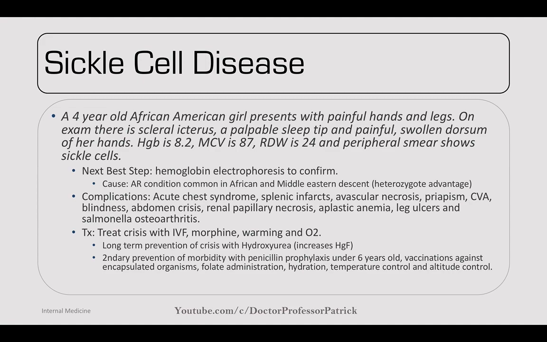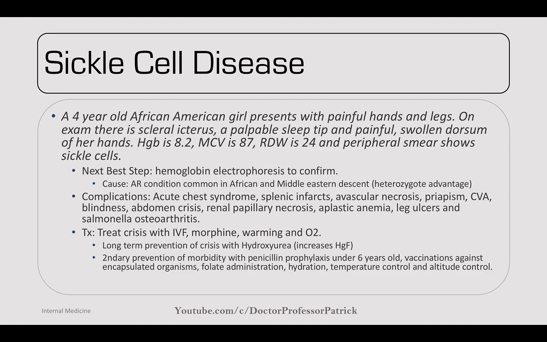The long-term prevention is proven to be effective with hydroxyurea. It will increase the fetal hemoglobin. This is even shown true in places where there's low nutrient density in the foods. Even in sub-Saharan Africa, where some of the children are malnourished, hydroxyurea still decreases the amount of crises that they face. Secondary prevention of morbidity is usually accomplished with penicillin prophylaxis for anyone under 6 years old.